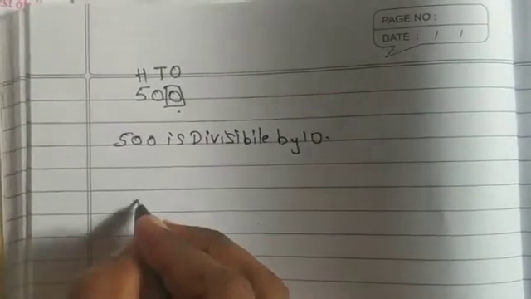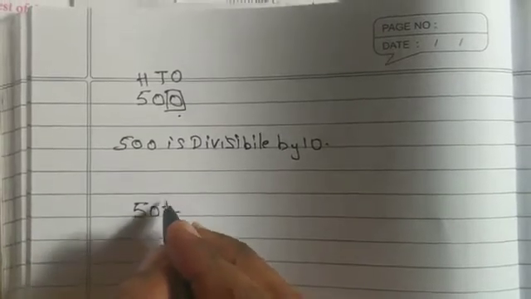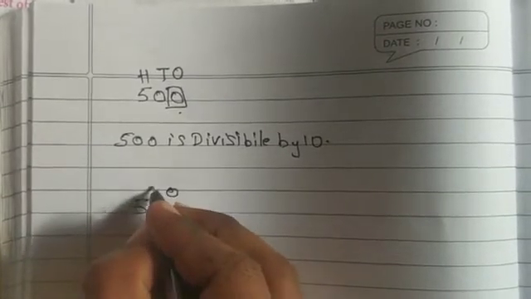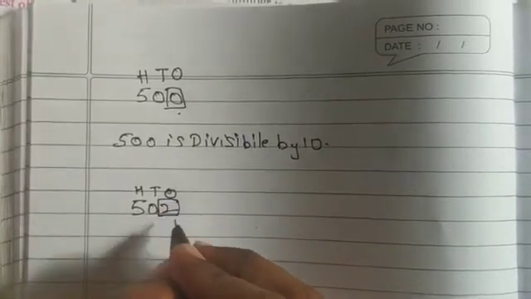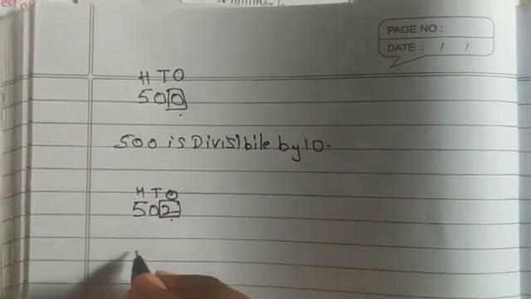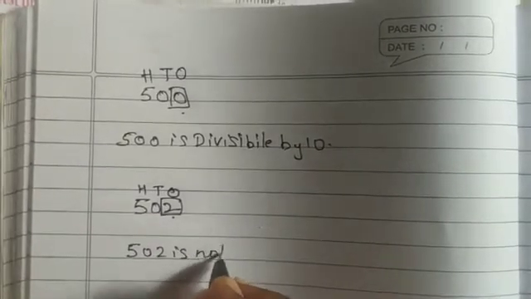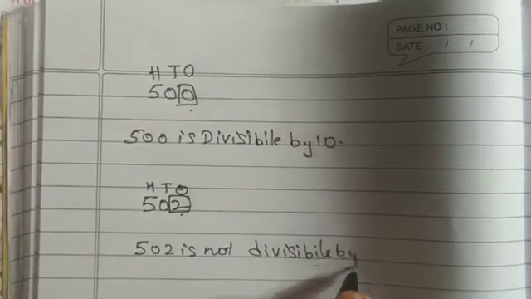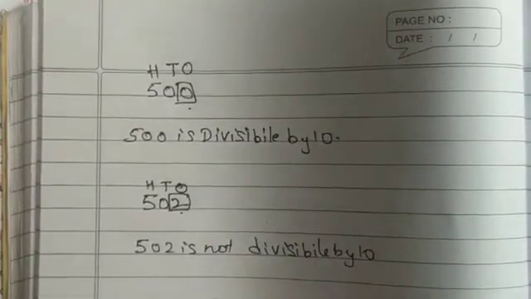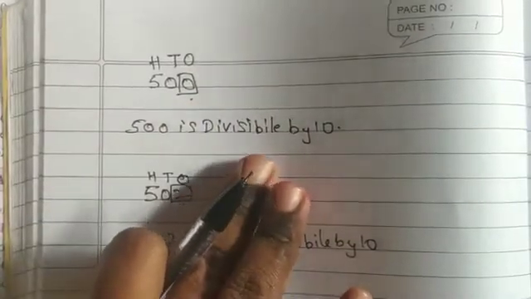If they have given 502, you can see this is ones, tens, hundreds. We will write the place value. You can see here in the ones place there is a 2. So you will write 502 is not divisible by 10. So we can come to know that if there is a 0 in the ones place, then only it is divisible by 10.